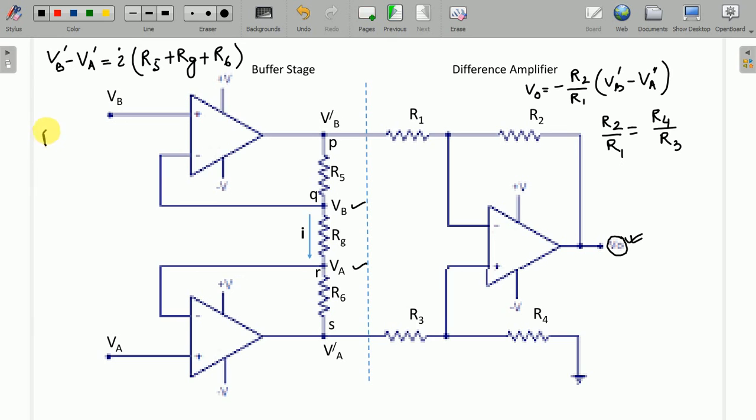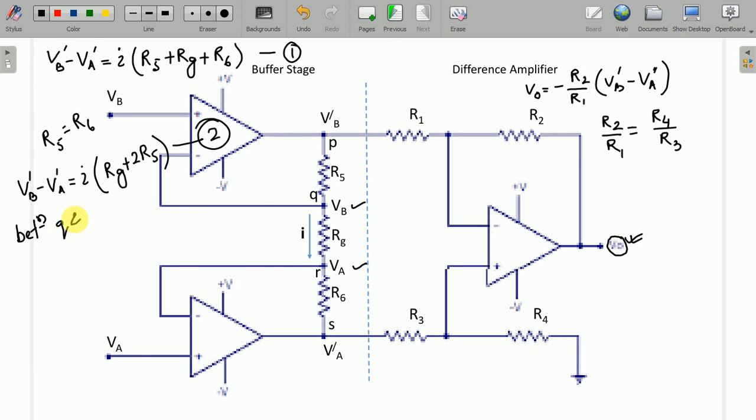If we assume that R5 is equal to R6, then VB dash minus VA dash is equal to I into RG plus 2R5 or 2R6, whatever you write. So we get this value. We give this equation number 1, and this equation we call equation number 2.